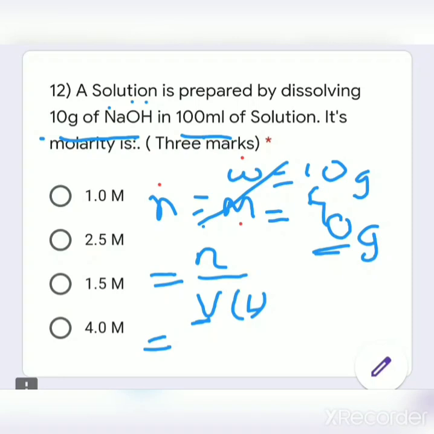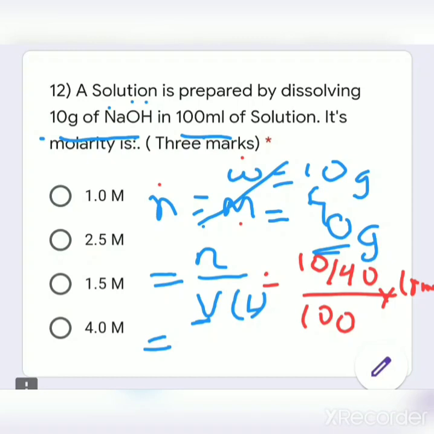So substitute the values here. We get 10 by 40 divided by V. V is the volume, that is 100 ml is given, so we need to convert using 1000. Once again, I will write this here, as there is no space.